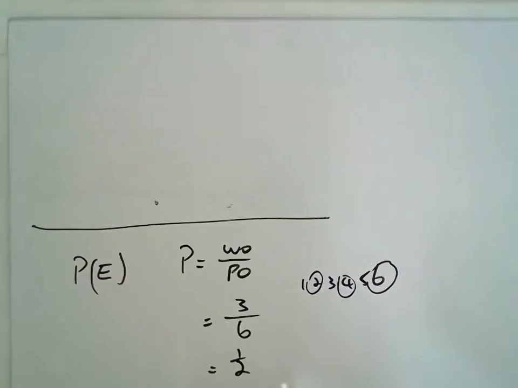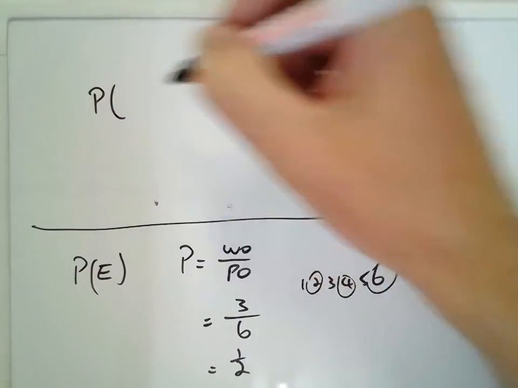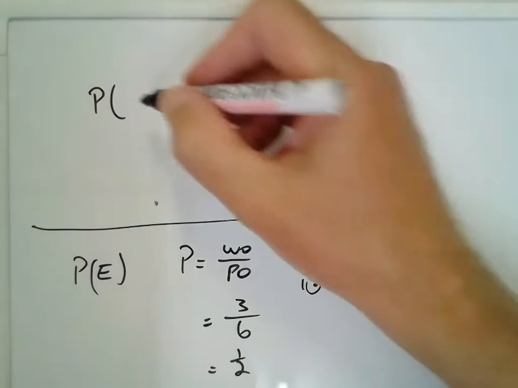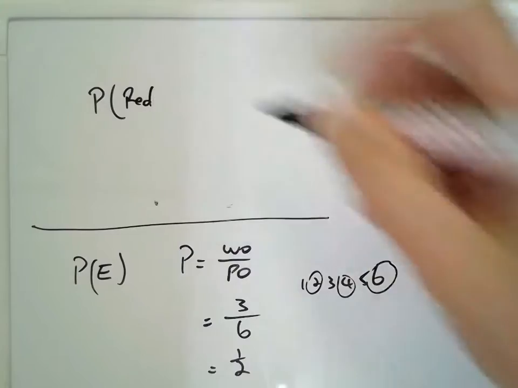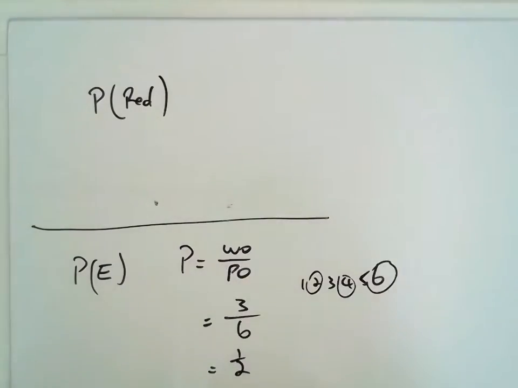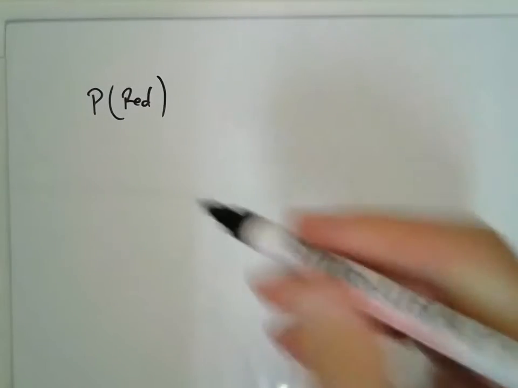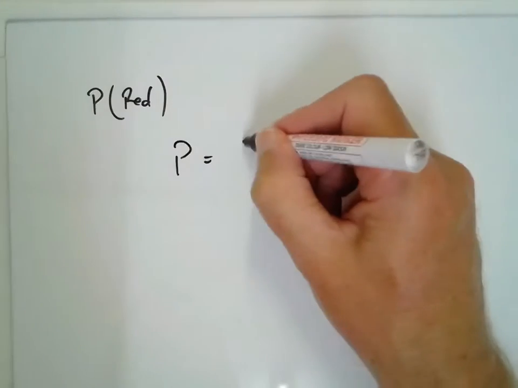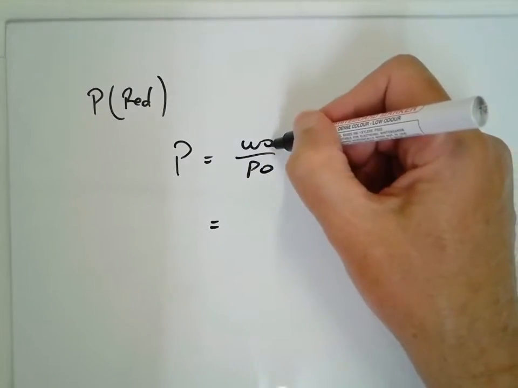Let's go one more. Let's go into cards. I'm going to draw a card out of a deck of cards. What's the probability that I draw a red card? So the first thing I do, state the rule, probability, WOPO, wanted outcomes.